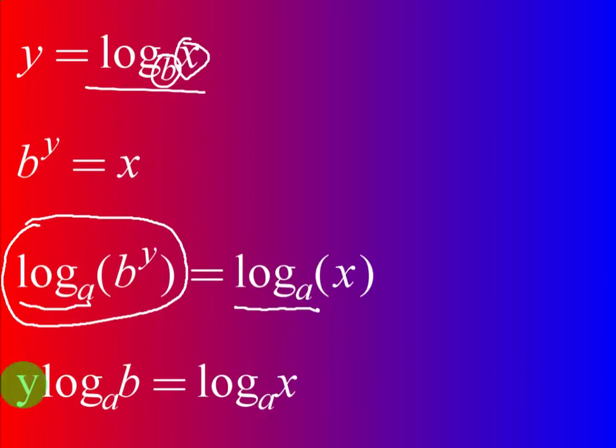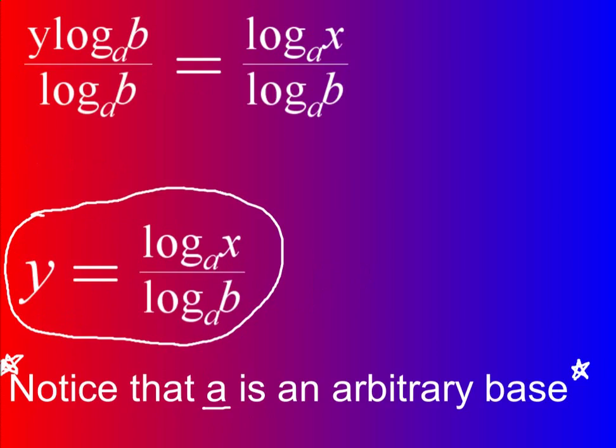Can anybody tell me from here how you would get y by itself? Well, what does y log base a of b really mean? It's multiply. Yes. So you would divide both sides by log base a of b, and that's how you get your change of base formula. Again, you don't need to copy that down. It's just a proof.